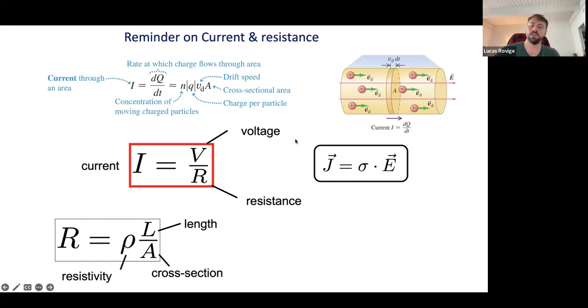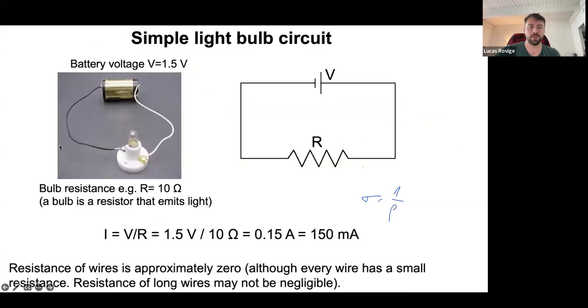So we have the current density J that is equal to sigma, the conductivity, multiplied by the electric field, where sigma is equal to 1 over the resistivity. Okay, so that was for yesterday.